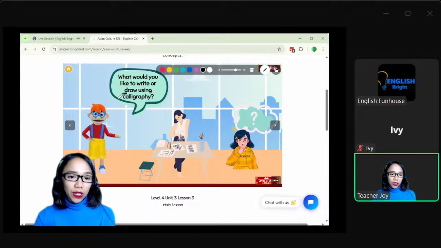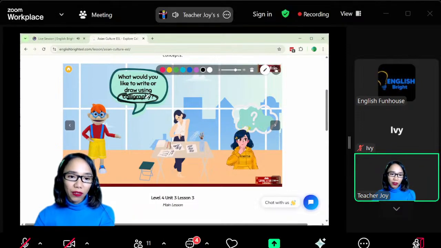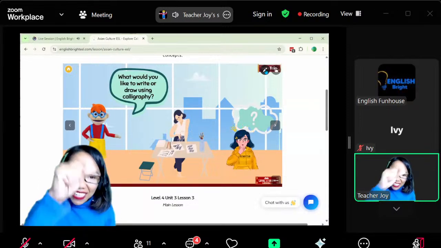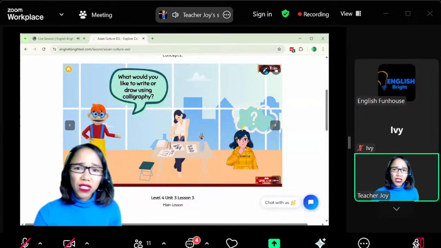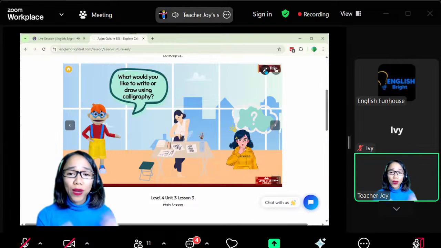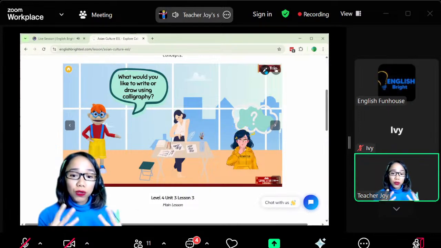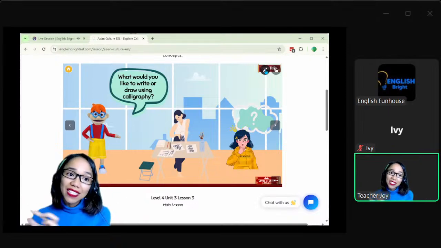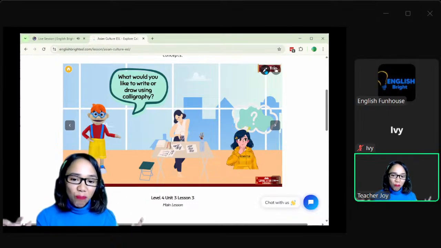So this word has been taught in this lesson. So this is part of your vocabulary target. So calligraphy. So they understand this word already, right? And then if they just say one word, always remember to encourage them to answer in a complete sentence, okay?